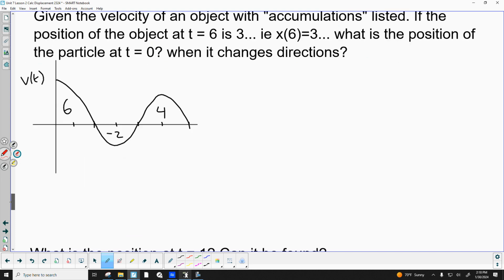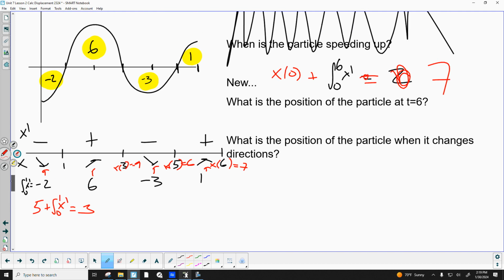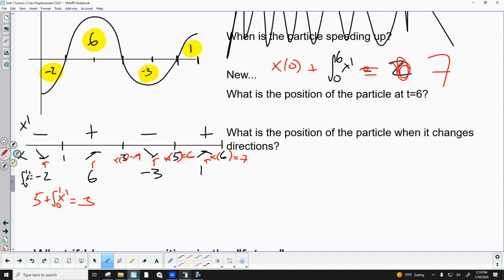Let's see if you're really picking up what's going on. Go. The answer, what is the position at t equals 6, is 7. Every single one of these values where I change signs is where I change direction.